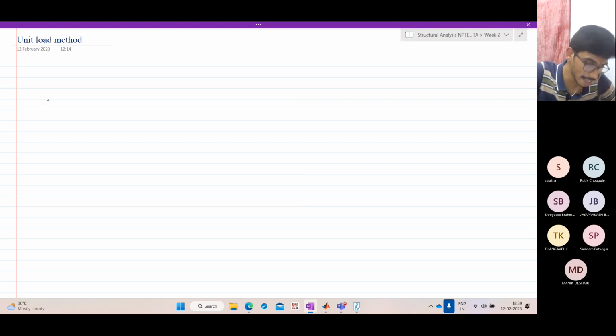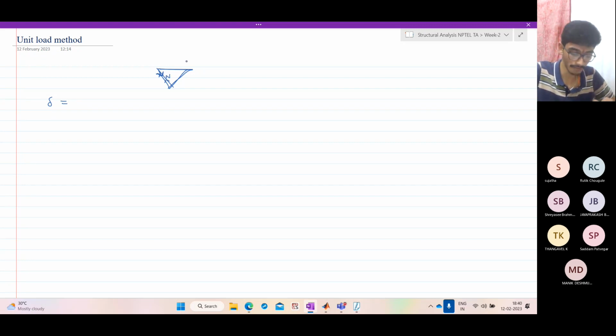What is the internal displacement? So internal displacement, as you know, for one member is nothing but PL by AE. So if one member in a given truss, say take this as a truss, has internal force N, what is the displacement of its ends? It will be NL by AE.